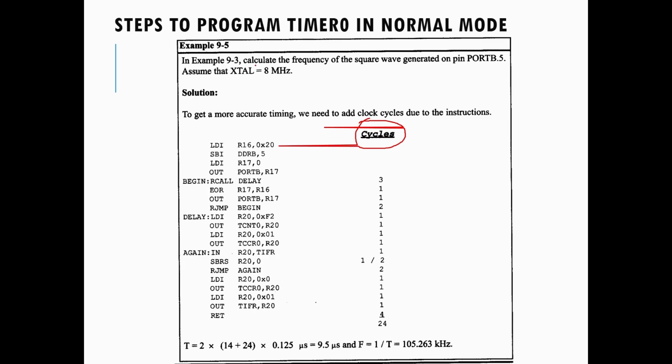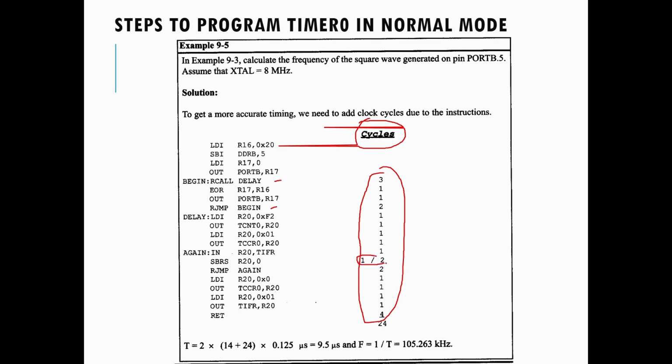Usually for a branch we will have more than one cycle. So you just check the instruction set and take note of how many cycles it is. Here this is already given to you, so you just add the cycle numbers.